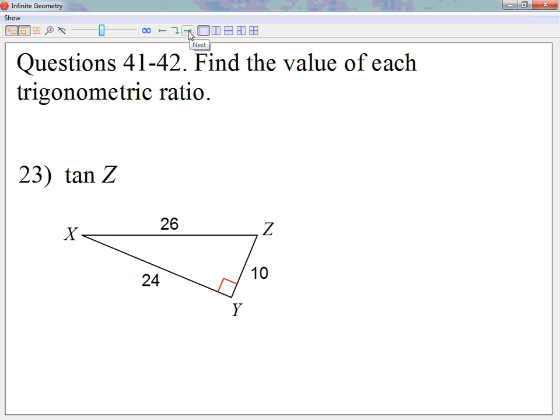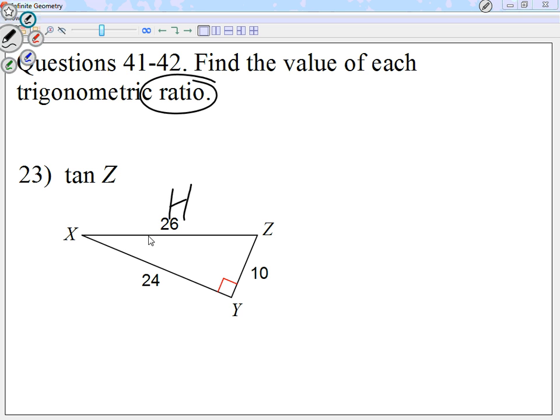Question number 23. I'm asking you guys to find the value of each trigonometric ratio. But a ratio, once again, is a fancy word for fraction. We know the biggest side of the triangle is the hypotenuse. So if I'm asking for tangent of z, I'm going to be looking from the corner, from the angle z. The one that is farthest away is the opposite. The one that is close to it is the adjacent.